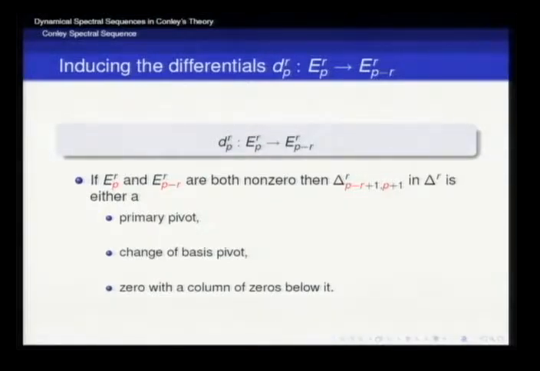Whenever the spaces ERP and ERP minus R are both non-zero, then the entry corresponding to these indices in delta R is either a primary pivot, a change of basis pivot, it's either the red one, the blue one, or just a zero with a column of zeros below it. And in each case, they induce a differential.